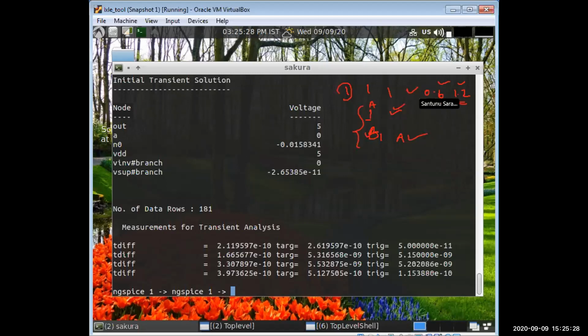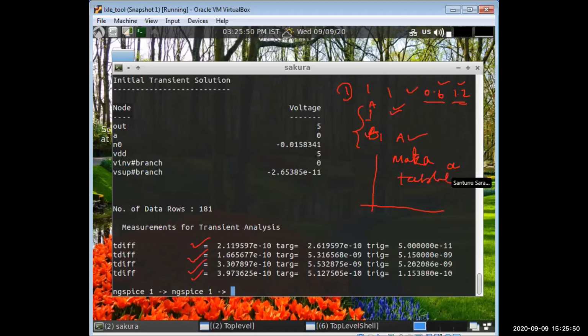Finally, we will check the propagation delay and rise time. You can write measure statements. These are the measure statements. You will check and finally make a table and put in the values.